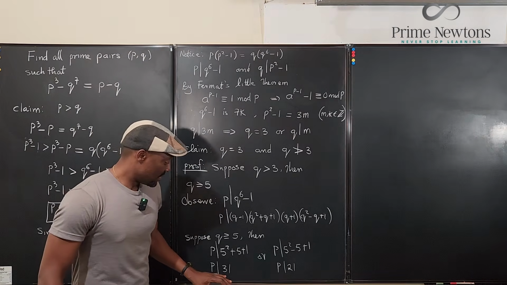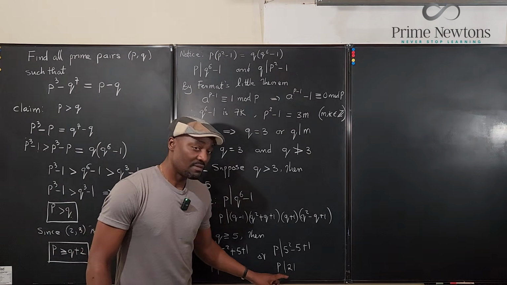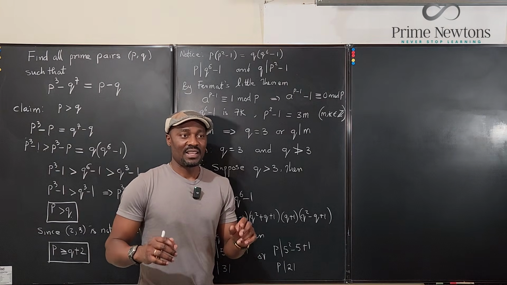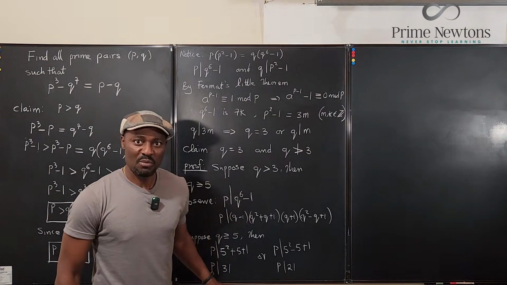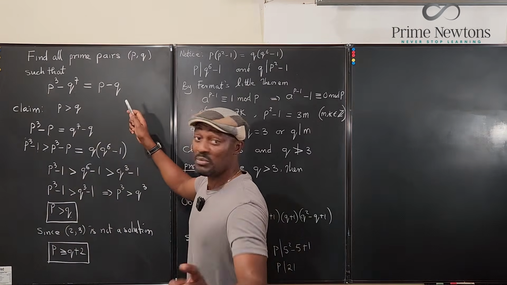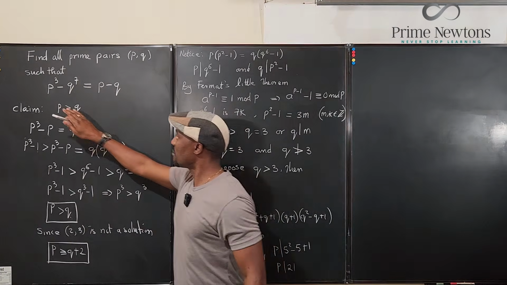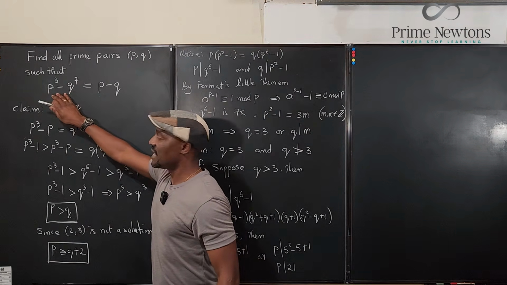So the problem with these two statements, that p divides 31 or p divides 21, is that p is much bigger than these two numbers, so it cannot divide them. How do we know it's much bigger? Remember we said that p is greater than q, so this side is positive.